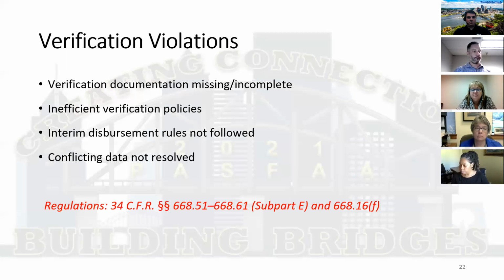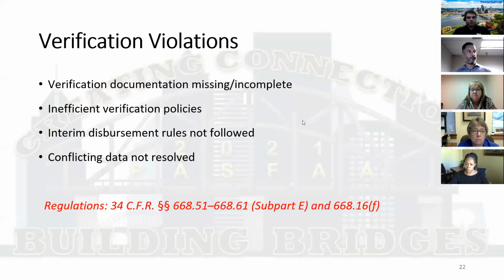Okay, if there are no questions, then we're going to move forward and talk about verification violations that are found in audits and program reviews. And a lot of that stems from missing or incomplete documentation. You could have inefficient verification policies, so you're missing things within the verification process, interim disbursement rules that aren't being followed, and conflicting data that's not resolved.